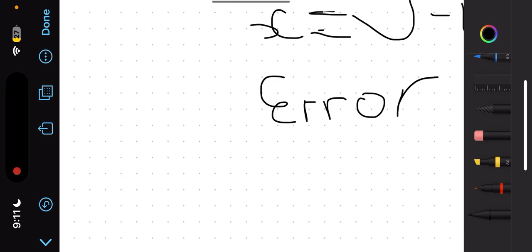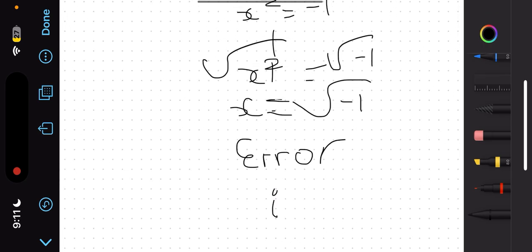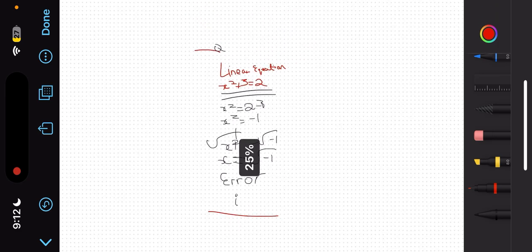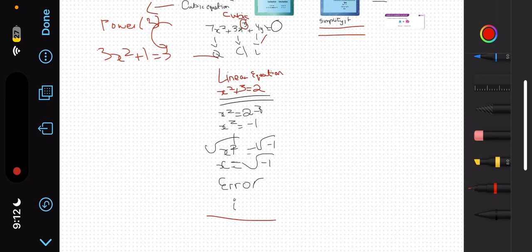You will write iota, or just write I. Now what does this I mean? Before knowing what iota means, you must know what a complex number and an imaginary number are. I will tell you about complex and imaginary numbers first, and then we will carry on with this whole topic.